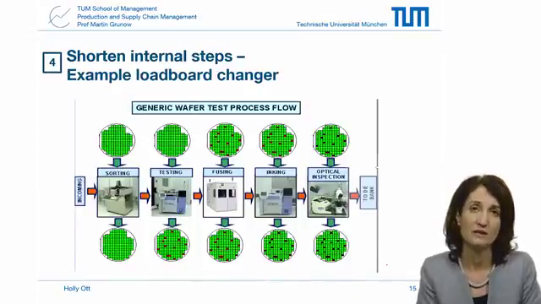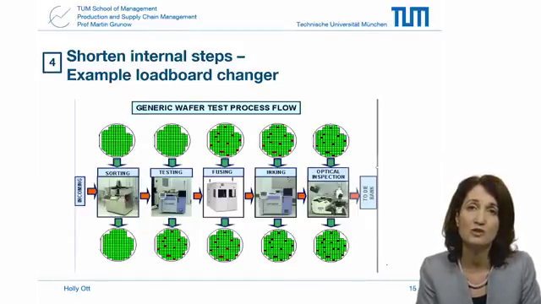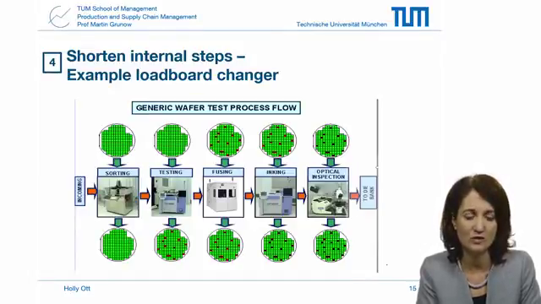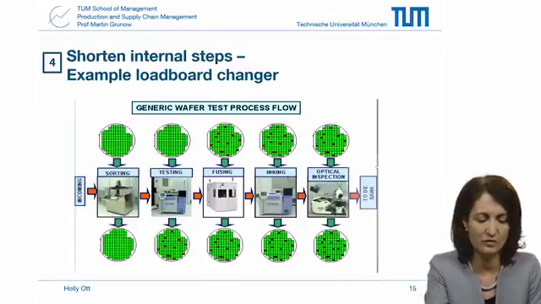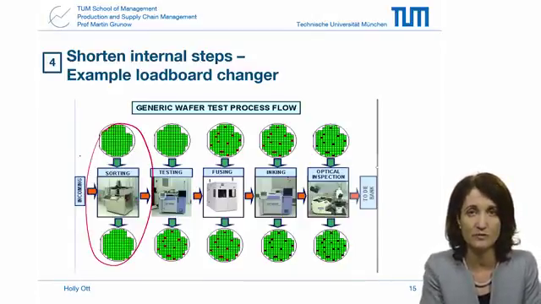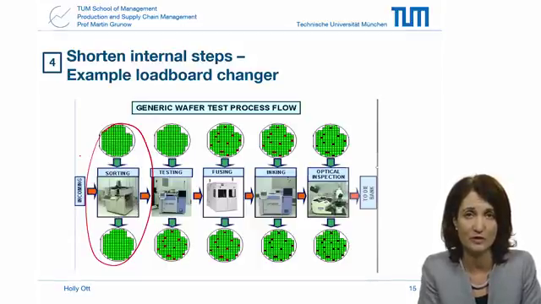Now I have an example here of stage 4 from where I worked in semiconductor production. This is an example of a load board changer in the silicon wafer test. Just really quickly, in the wafer test, you want to sort the wafers. They're normally produced in batches of, say, 20 or 50 wafers, and you want to make sure they're back in the right order in case they were out of order during the previous processing steps.